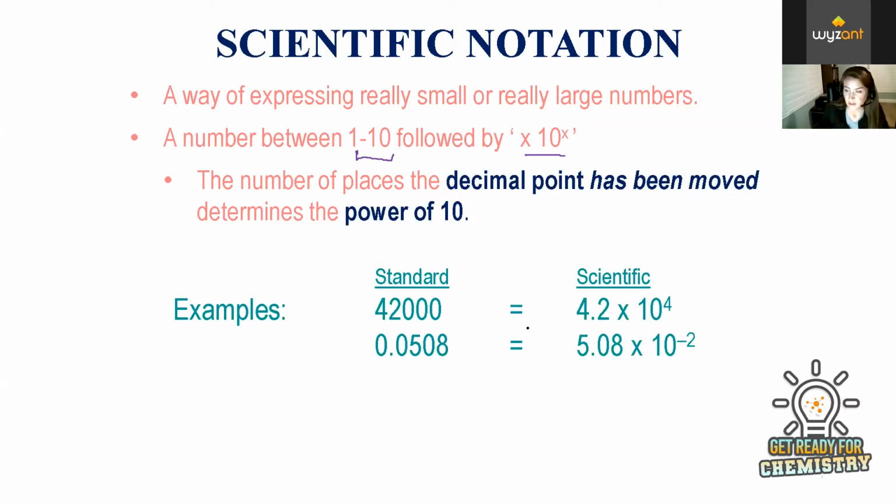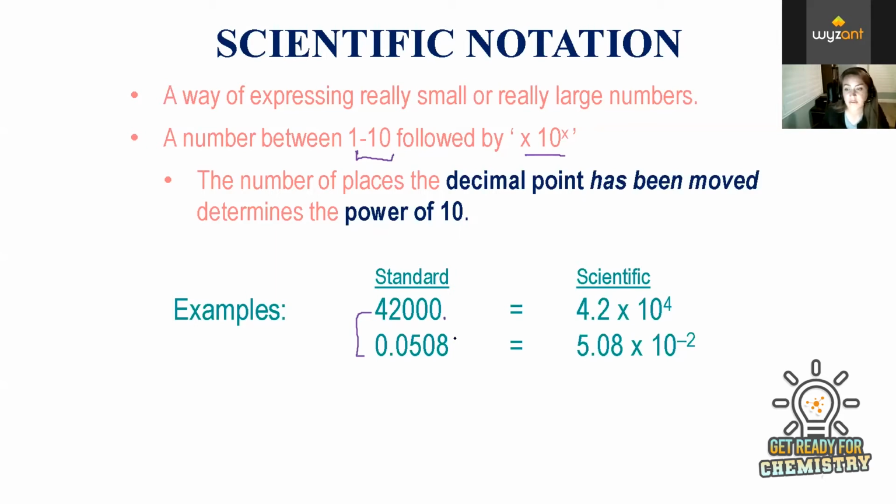So here's a couple of examples. These are standard notations here. These are numbers that are kind of large, and they get a little bit difficult to write over and over again in expressions, especially if there were more zeros after this. So we like to minimize them and put them into scientific notation to make them a little bit more manageable. For this one, 42,000, we imagine there's a decimal at the end. If you don't see a decimal, you assume there's a hidden decimal at the end.